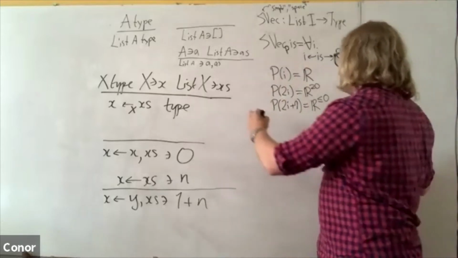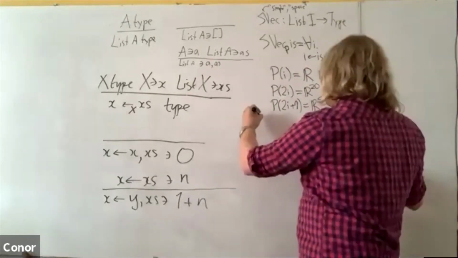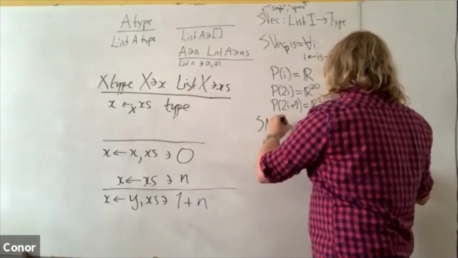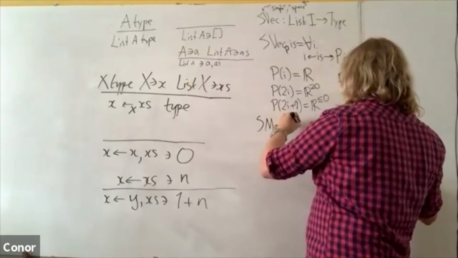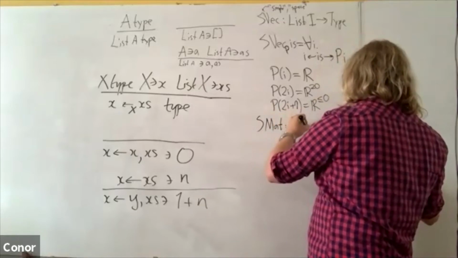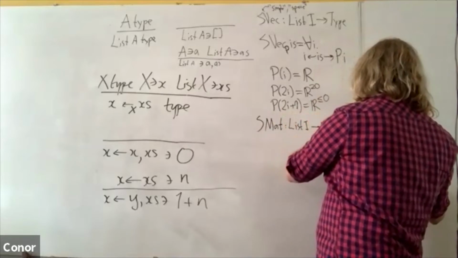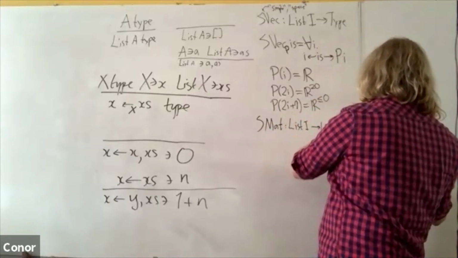And in the same way, you could also do matrices, right? So you can say that a simple matrix or a sparse matrix is something which is indexed by two lists, a list of i and a list of j, and gives me a type.